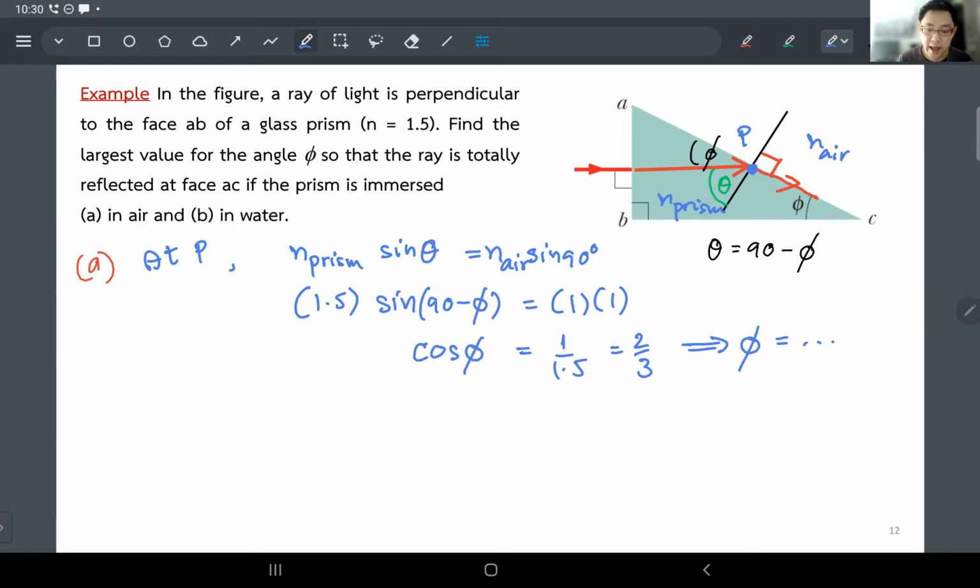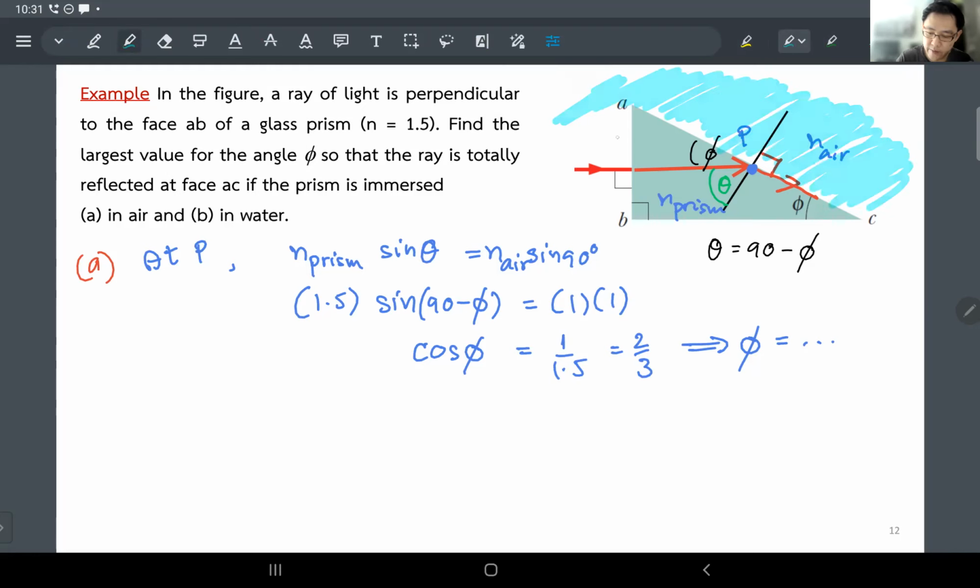Okay, all right. So what happens in part B? They say, hey, I want this immersed in water. So if that is the case, I put water, let's do blue. What happens if I just dump this in the water? There you go.